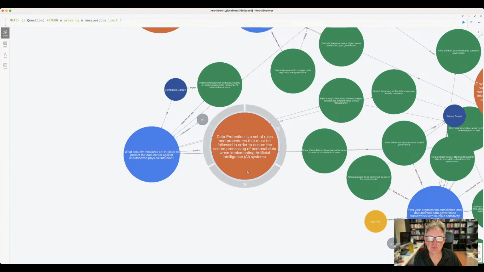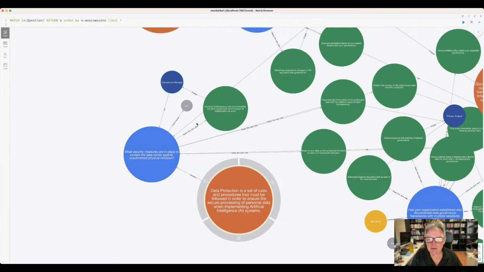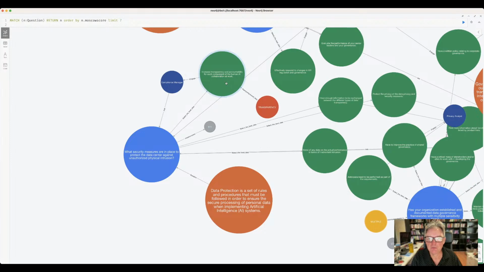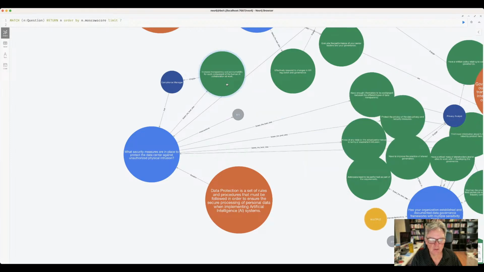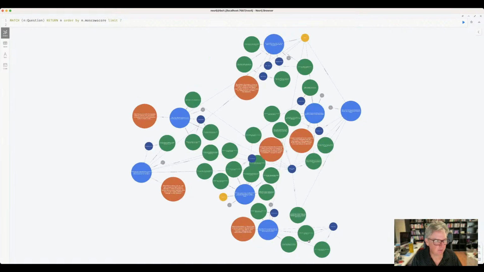Data protection is a set of rules and procedures that must be followed in order to ensure the secure processing of personal data when implementing AI systems. So have a look at the compliance manager here to increase transparency and accountability for each component of the human-AI collaboration at work. All right. Now we have the 7 most important questions to ask in relationship to AI transparency requirements and who to involve there.